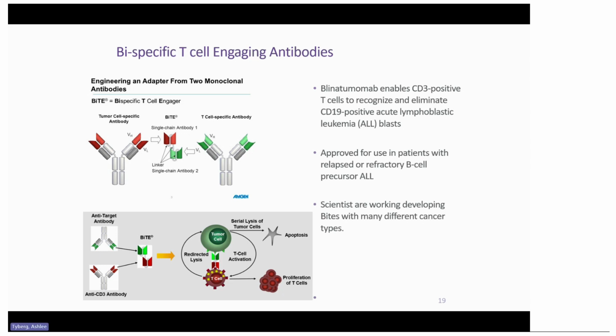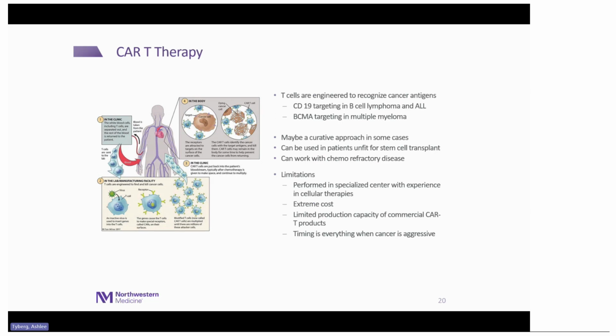So we could not talk about hematology cancers without talking about CAR T therapy, also very exciting. And this is another immunology type approach to attack cancer. So for certain diseases like ALL or lymphomas or myeloma, we have FDA-approved treatments, which are CAR-T treatments. What we mean by this is they take the T cells out of your body and they re-engineer those T cells to identify cancer antigens on the surface of cancer cells.